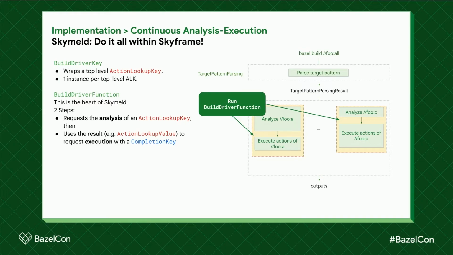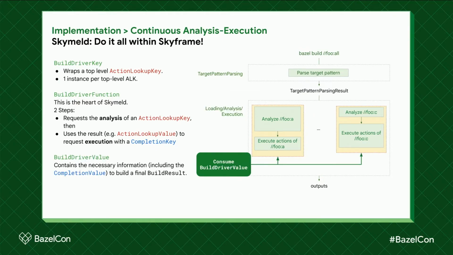And then it takes the result of the analysis and immediately launches execution for that top-level target, all within this SkyFunction. So you have a nice continuation without having to wait for the other targets. And finally, you have a BuildDriverValue, which is, again, another wrapper around the completion value. And yeah, this is where you can extract the result of your build.